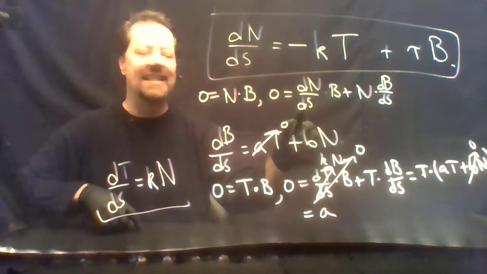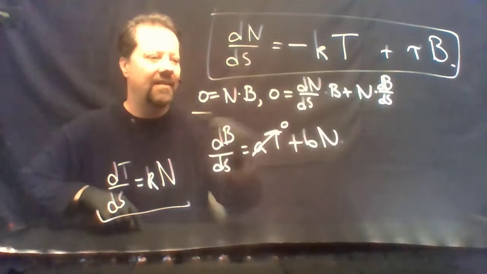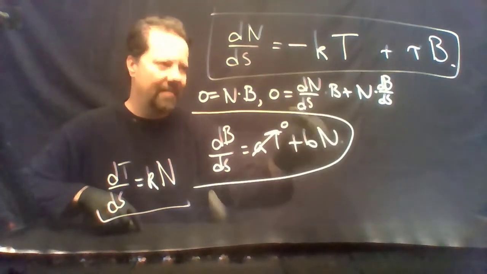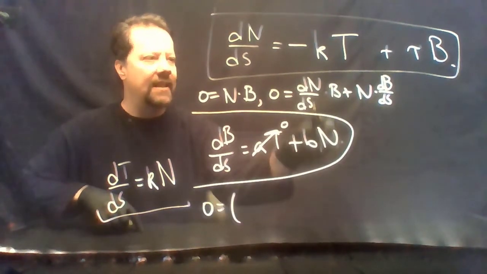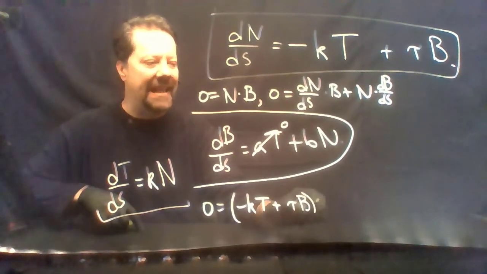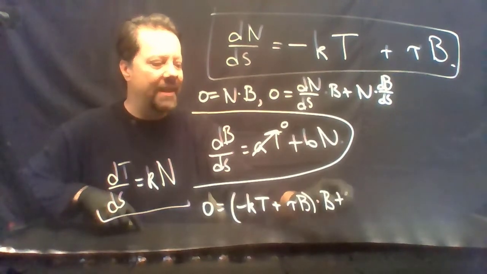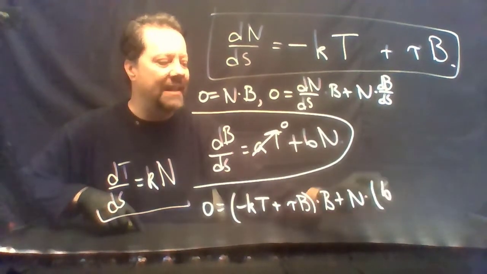We know what dn/ds is. It's right above here. We get from this formula that 0 is, let's see, dn/ds is minus curvature times t plus torsion times b, dotted with b, plus n dot dB/ds is b times n.